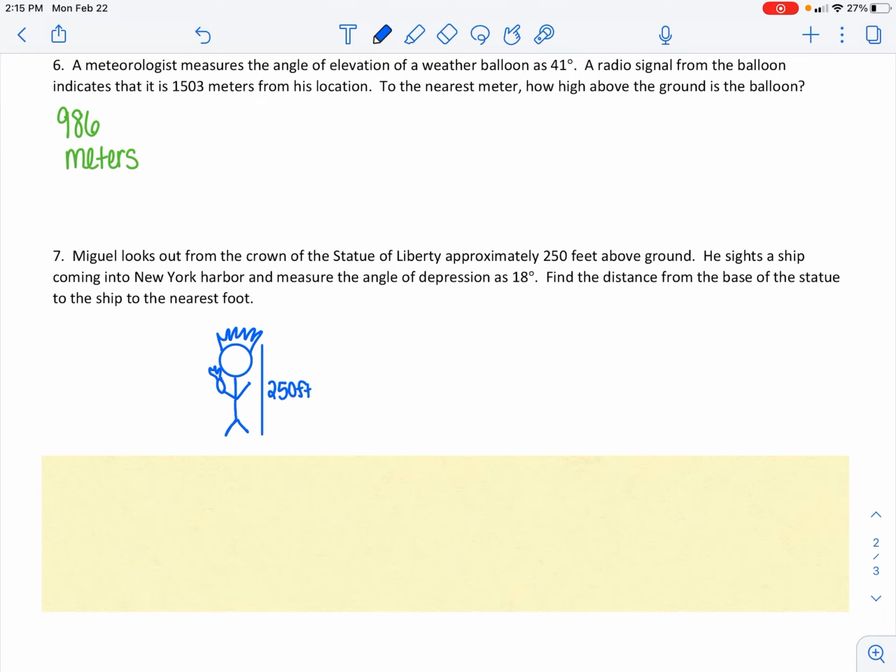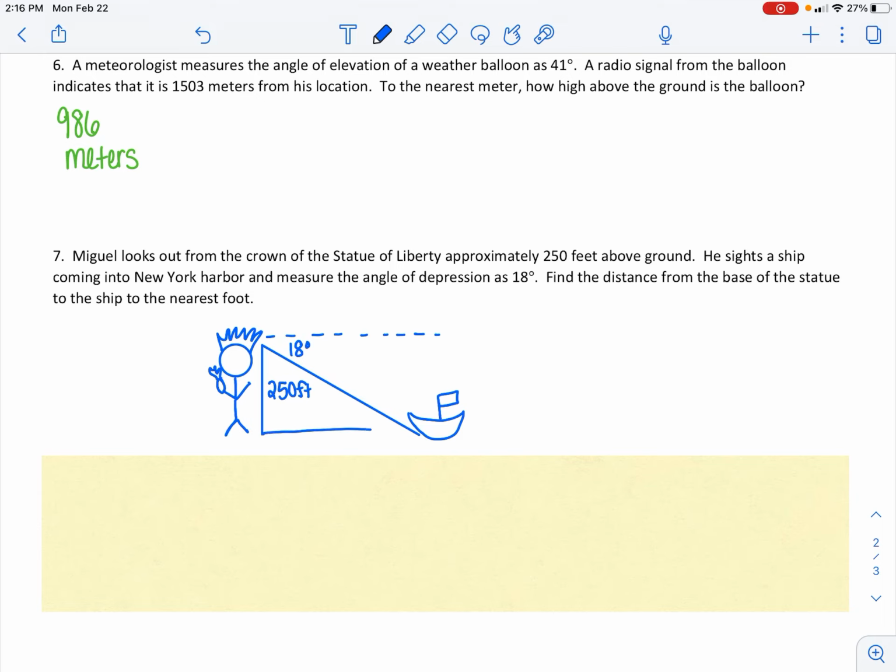Okay. He sights a ship coming into the New York harbor and measures the angle of depression at 18 degrees. So we have a ship, okay, coming into the harbor, and he's looking out, and he then looks down at the ship, okay, which is going to be 18 degrees depression.